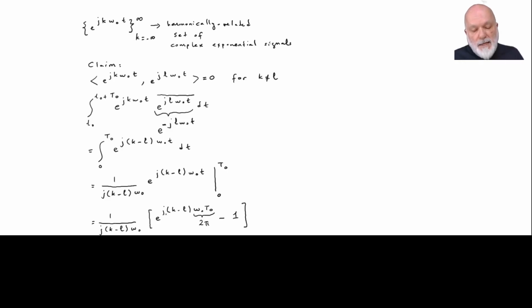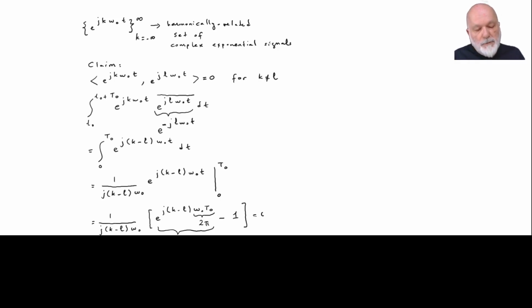Now, e to j, an integer times 2 pi, is also equal to 1. So this complex exponential term is also equal to 1, because any integer multiple of 2 pi means you are on the real axis, at which point the magnitude is always equal to 1, at the point 1, 0 in the complex plane, with real part 1 and imaginary part equal to 0.